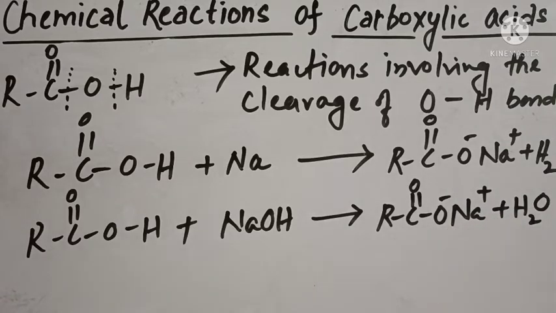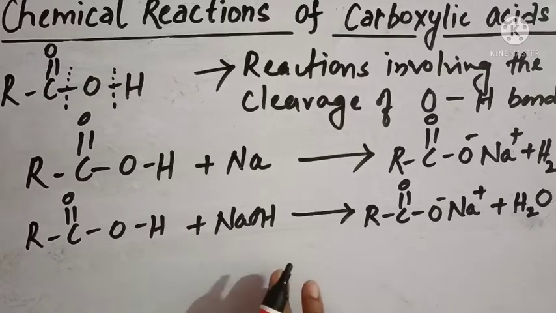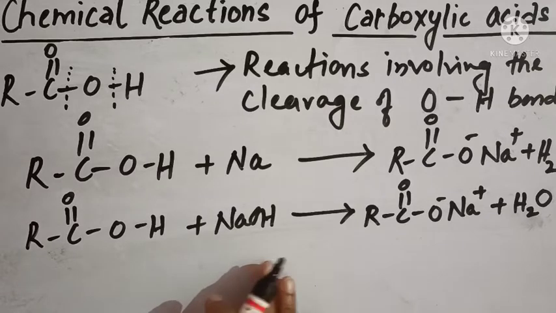The reaction with NaOH is also given by phenols, because phenols are quite acidic in comparison to aliphatic alcohols. This reaction is also given by carboxylic acids, because carboxylic acids are quite more acidic in comparison to phenol.